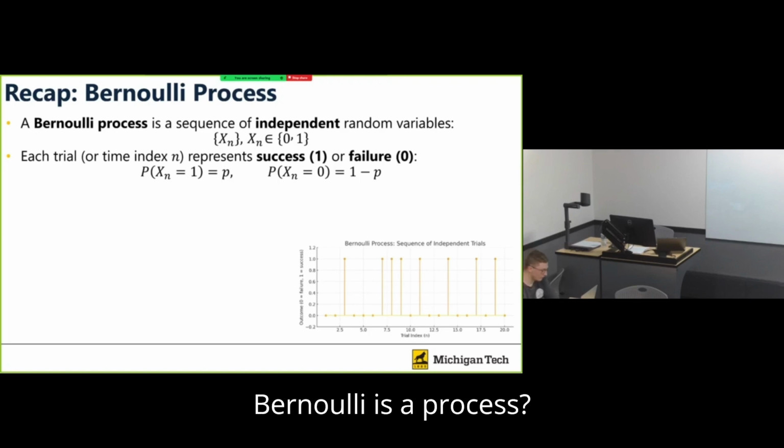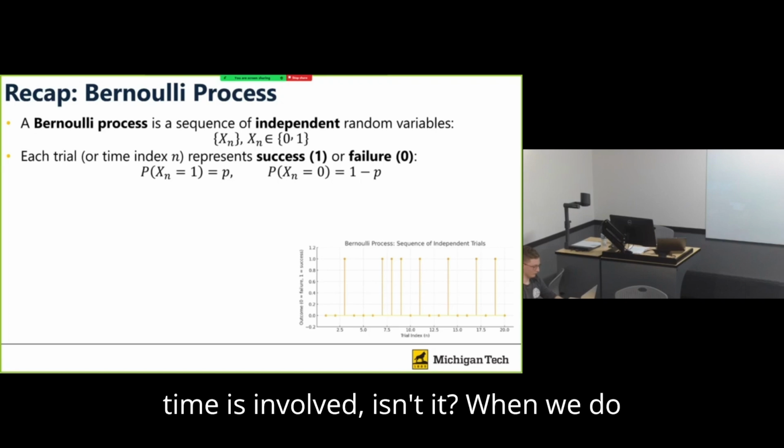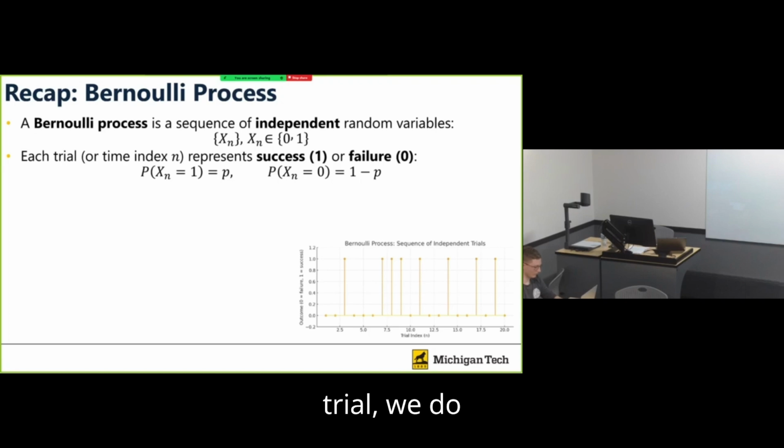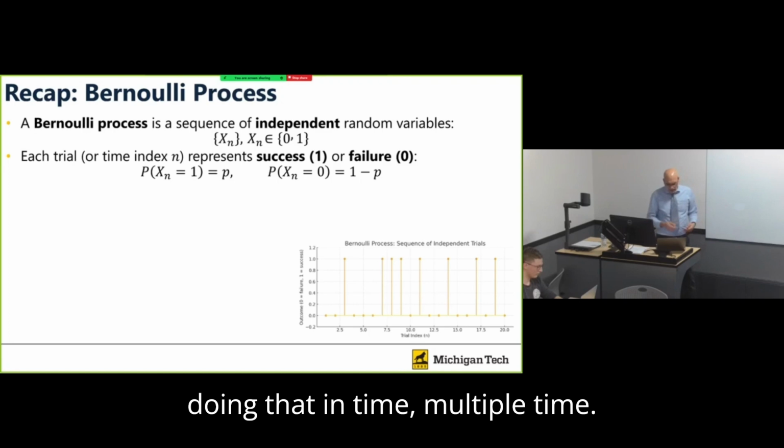So why is Bernoulli a process? Why is it not just a random variable? Because time is involved, isn't it? When we do the trial in time, multiple times.